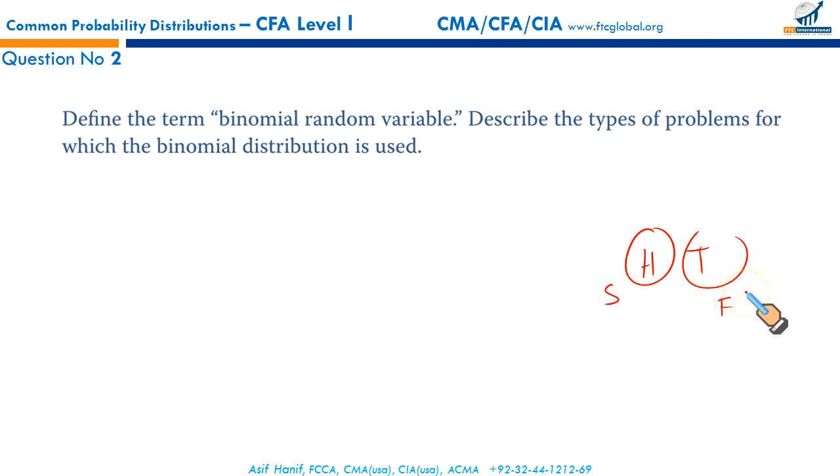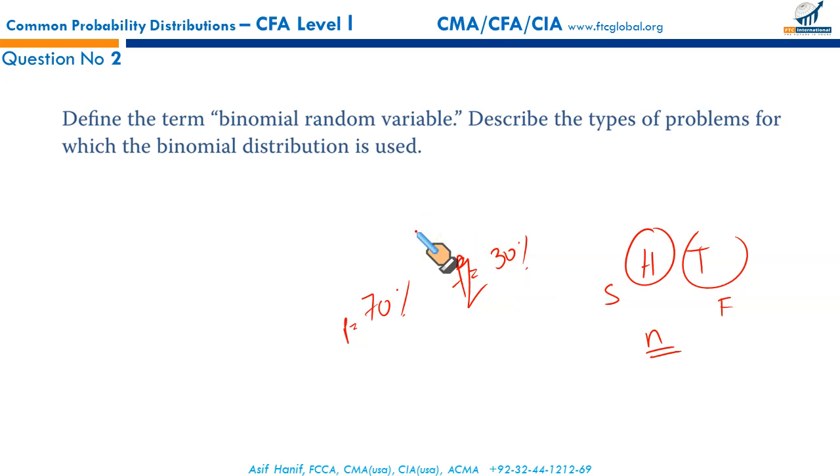So a binomial random variable is defined as the number of successes in n Bernoulli trials, head or tail, or maybe I perform a certain experiment with 70% probability of success and 30% failure, which is normally labeled as q. p is 70%, q is 30%. So successes in n Bernoulli trials, this is what you call the binomial random variable.